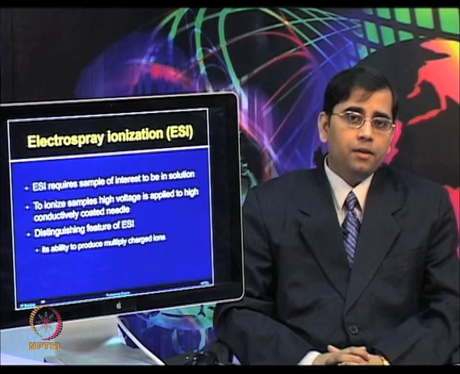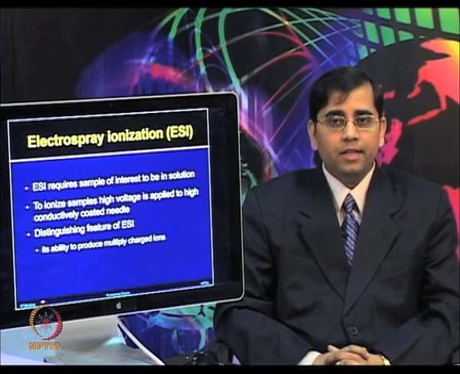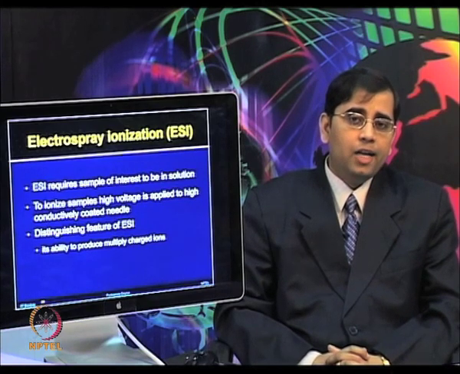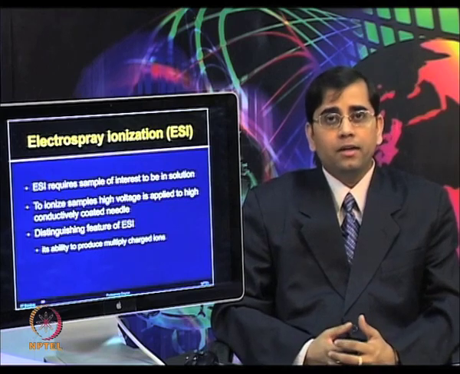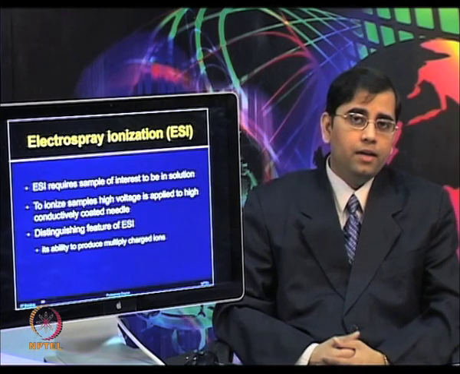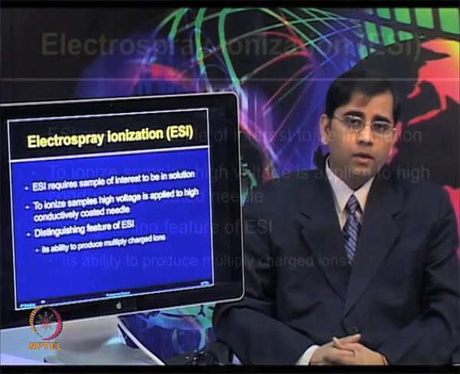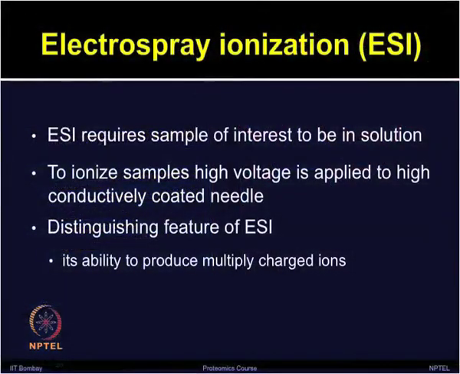So, ESI requires the sample of interest to be in solution, and that is why we mentioned that we can use inline separation along with liquid chromatography. To ionize the samples, high voltage is applied to a highly conductively coated needle. This voltage results in the sample becoming charged, either positive or negative.